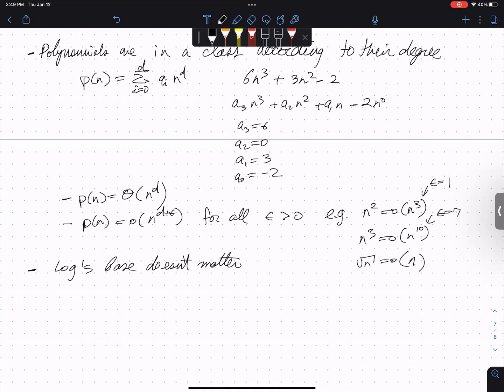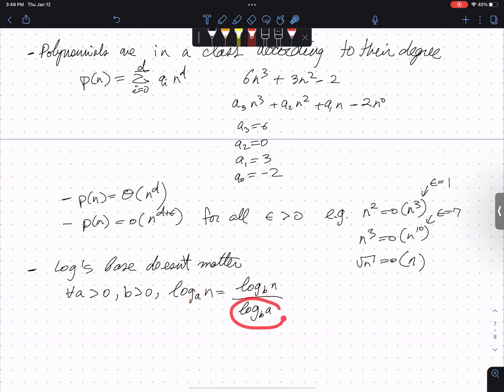If you remember, you have this property from algebra: for all positive A and positive B, log base A of n is equal to log base B of n divided by log base B of A. So you can convert from one base to another, and you just have to scale by this log base B of A. That's just a constant.